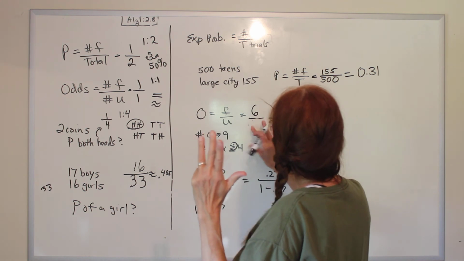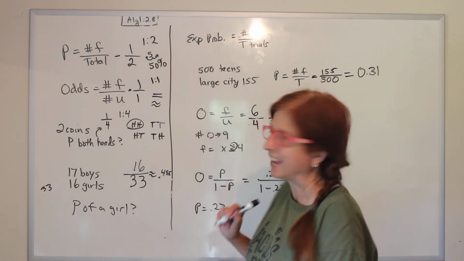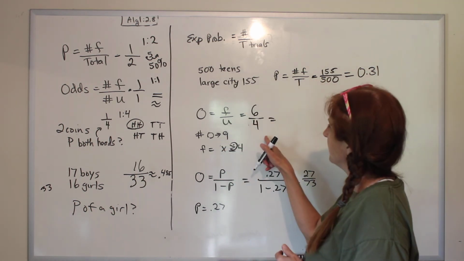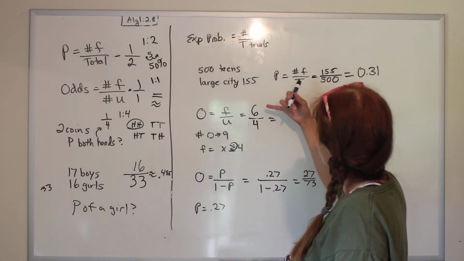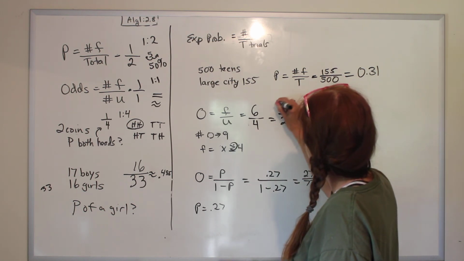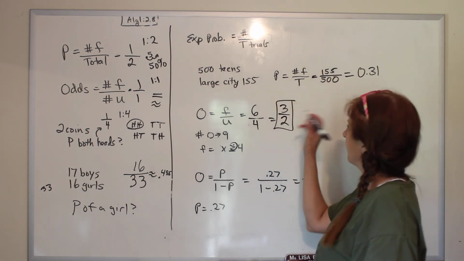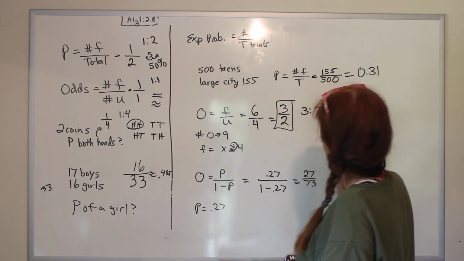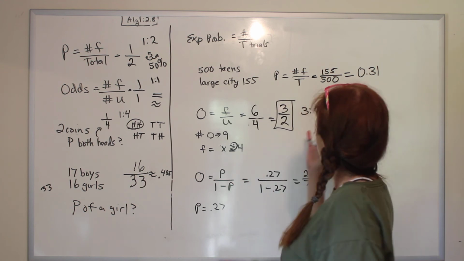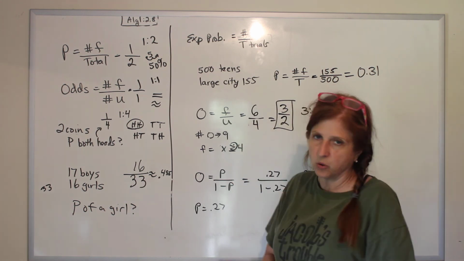I can count. On my fingers, I can count. So 6 to 4, and if you have a fraction like this, you reduce it. So 2 goes into 6 3 times, 2 goes into 4 2 times. You would write it like that, or 3 to 2. So the odds are 3 to 2 that you would pick a number 4 or greater.